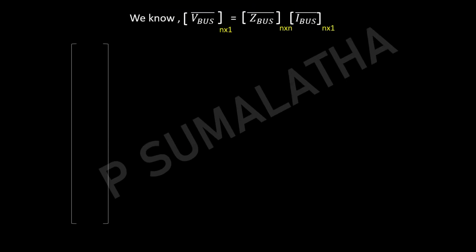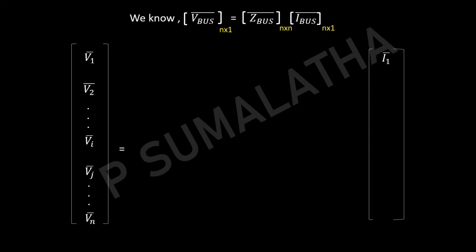So the V bus matrix has the voltages of all the nodes: V1, V2 and so on, the ith node voltage, the jth node voltage, and so on, up to the nth node. Similarly, let us mark the I matrix: I1, I2, and the corresponding currents Ii, Ij and In.